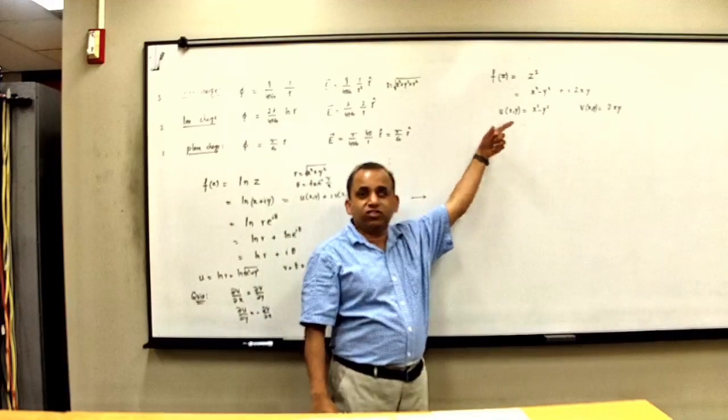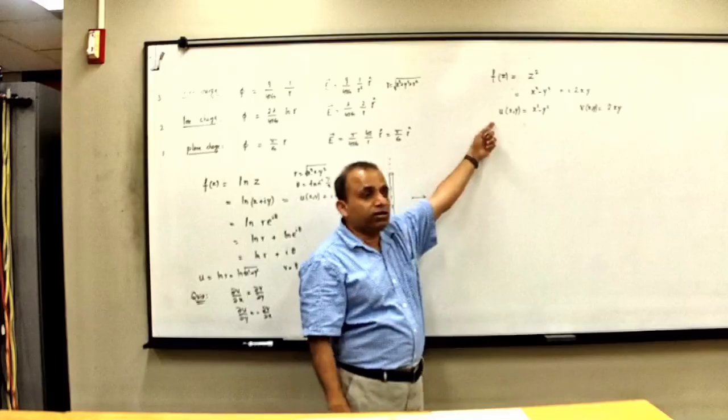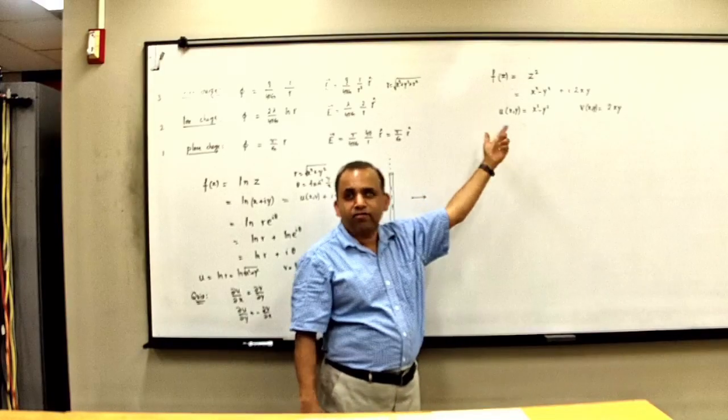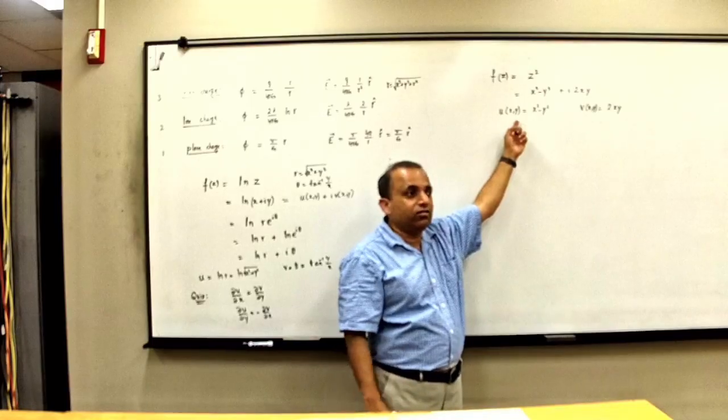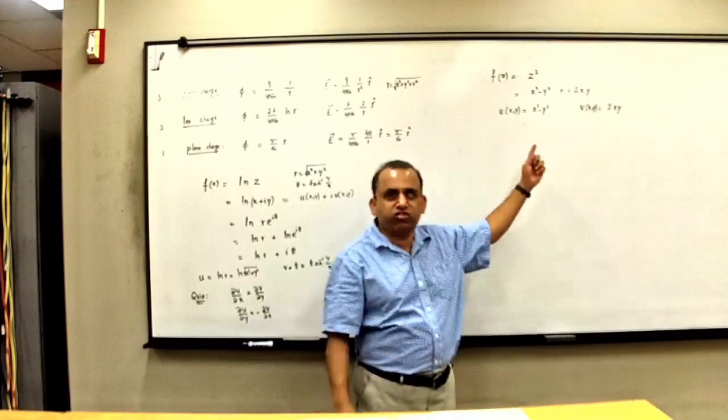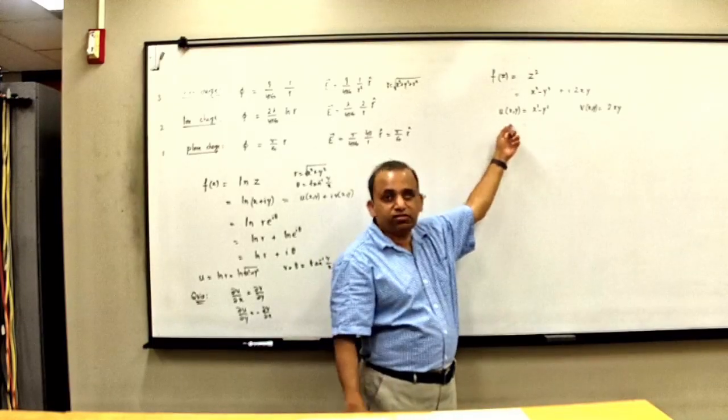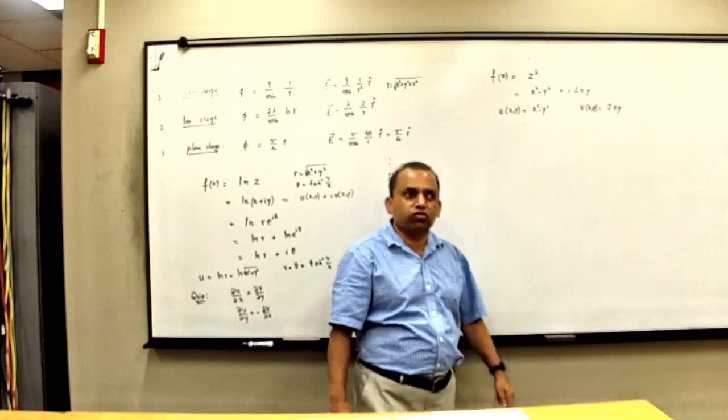Pretend that this is an electric potential in 2 dimensions. There is some line charge distribution which gives me this, and I ask what is the electric field associated with that.